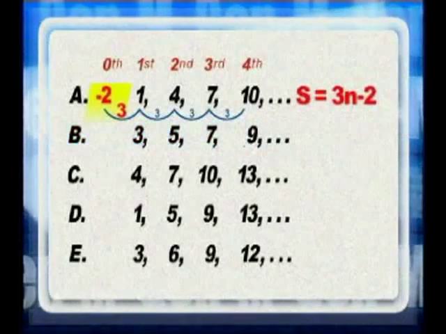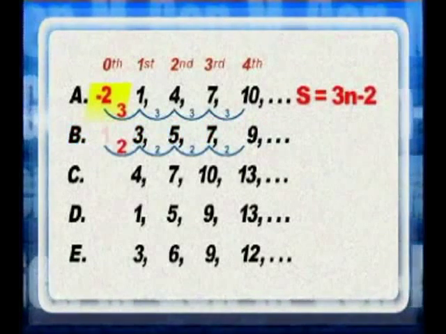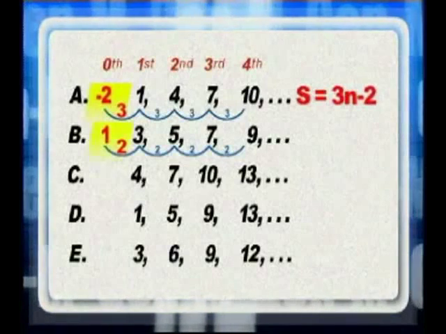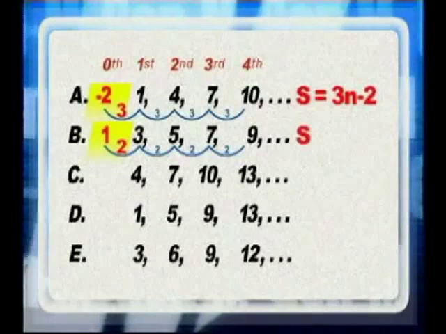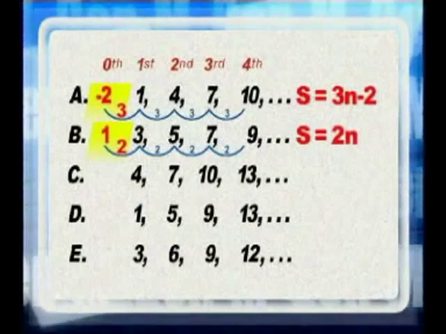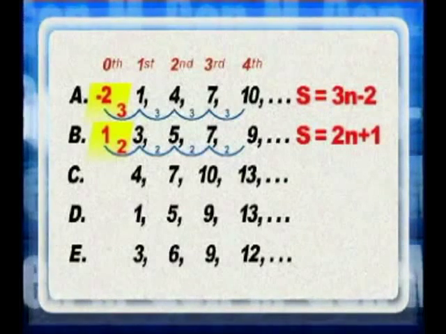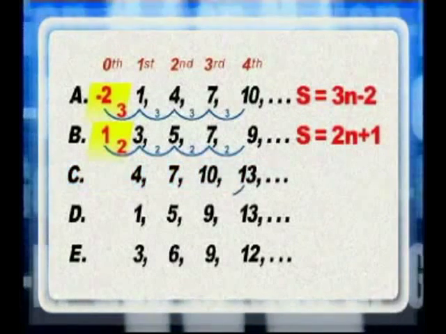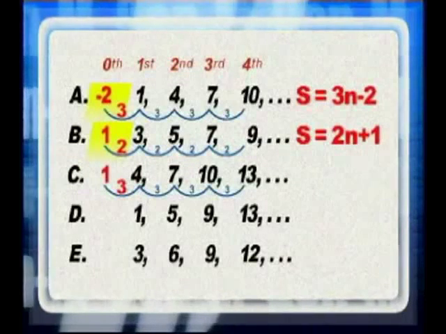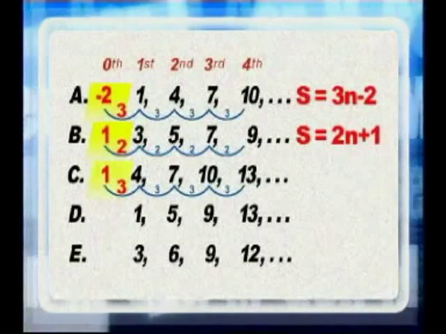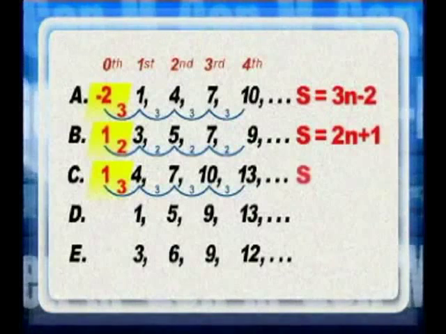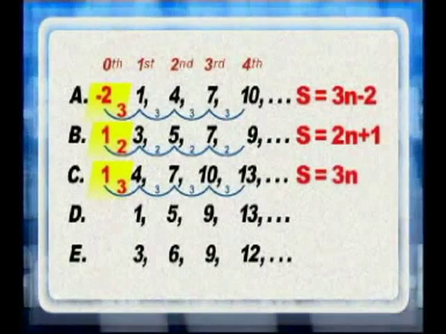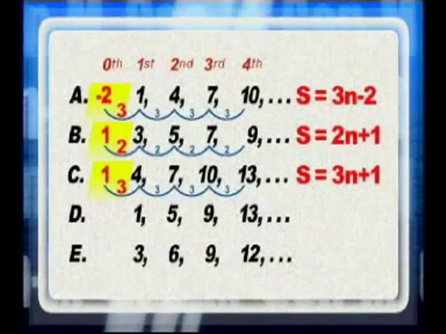The 0th figure of B is 1 using a constant difference of 2, so S is equal to 2n plus 1. The 0th figure of C is 1 using a constant difference of 3, so S is equal to 3n plus 1.